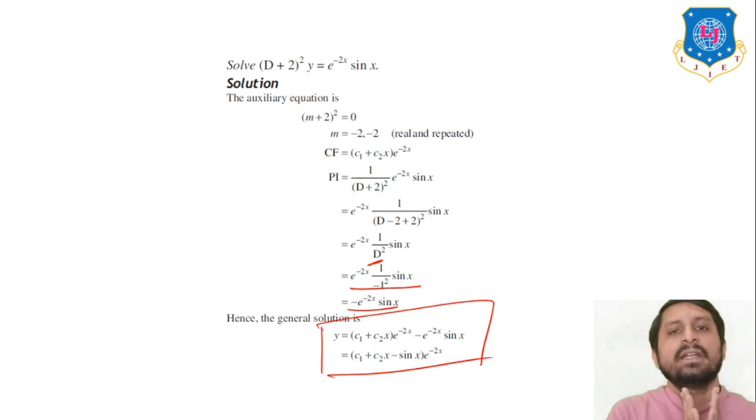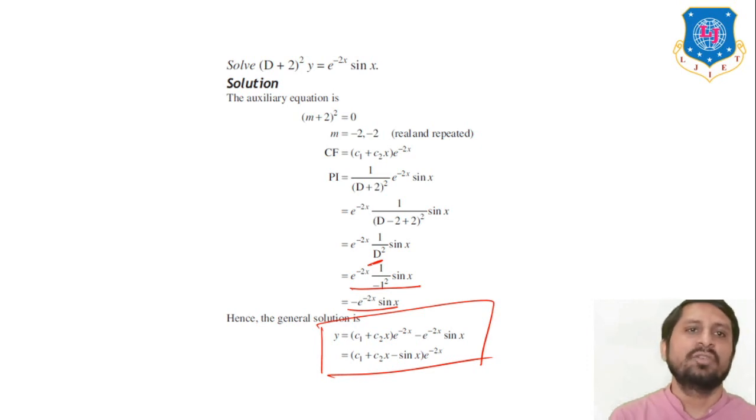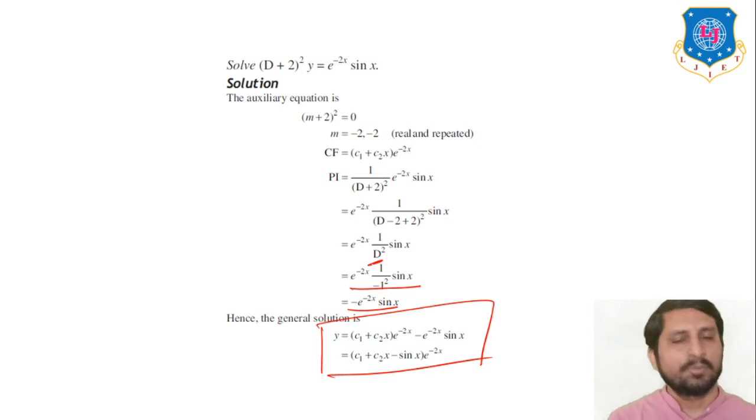In the third case, polynomial, we use the binomial theorem. In the fourth case we apply this rule: the particular integral is 1 upon f of D, e raised to ax into V(x), where V is any function of x. So e raised to ax outside, and instead of D you take D plus a. Clear? These four cases are very important. Try to solve more and more examples of this shortcut method. Okay, up to this, thank you.